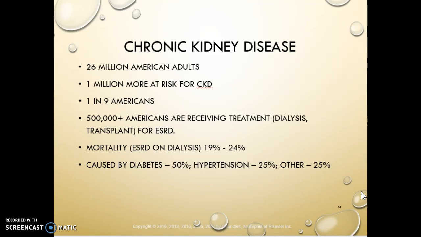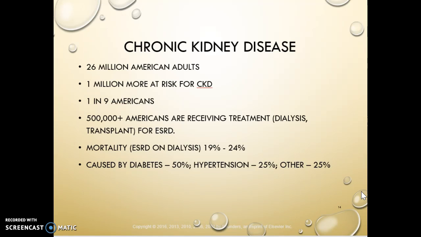The same thing is true for hypertension. You can see chronic kidney disease is 25% caused by hypertension, and it's for the very same reason. It is how the effect of hypertension causes damage to the vascular system.